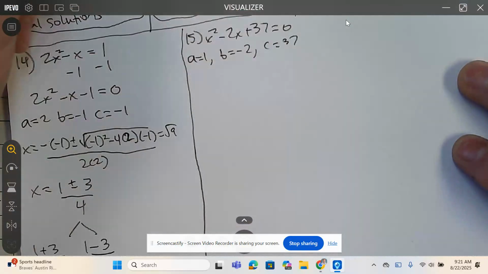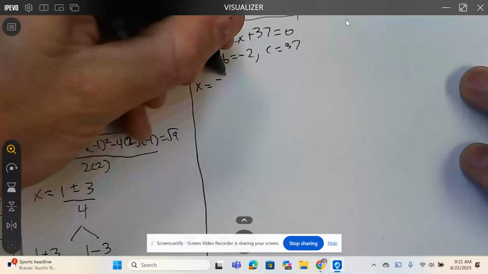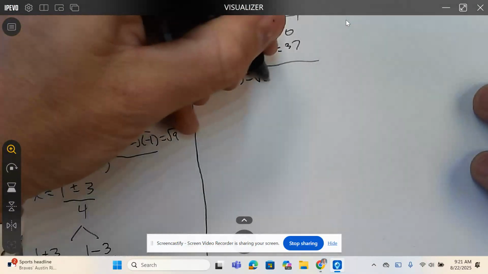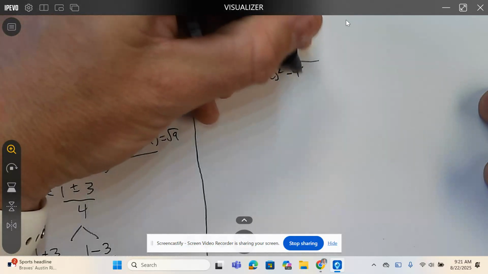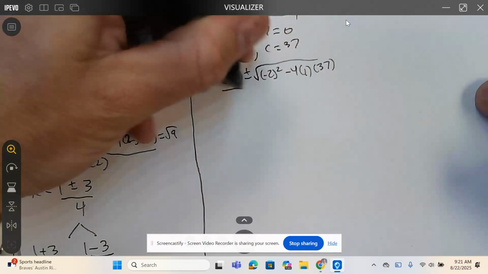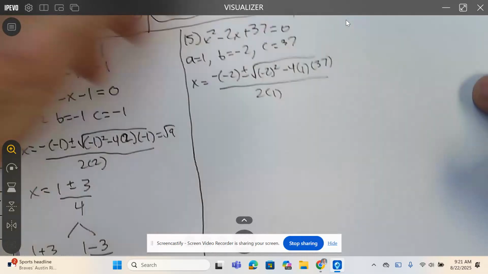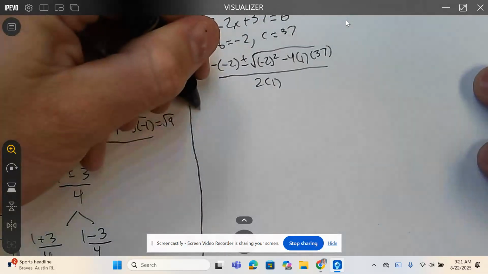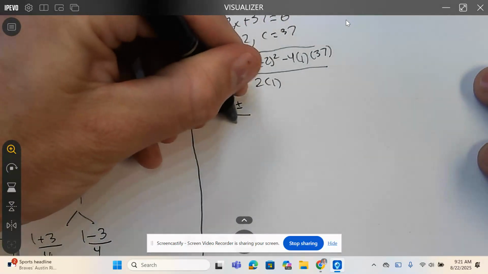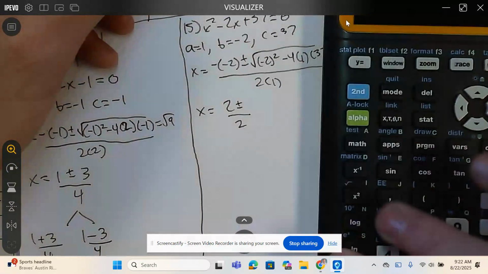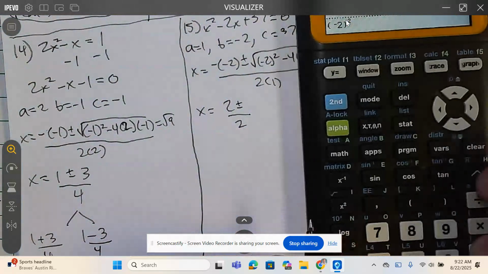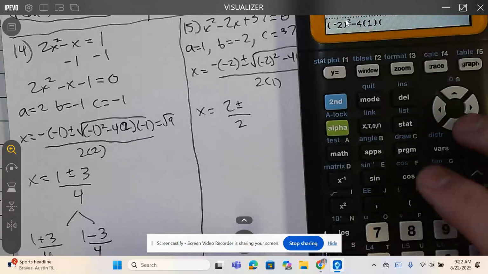X equals -b plus or minus the square root of b squared minus 4ac over 2a. Negative times -2 is +2. 2 times 1 is 2. So -2 squared minus 4 times 37. Good job.